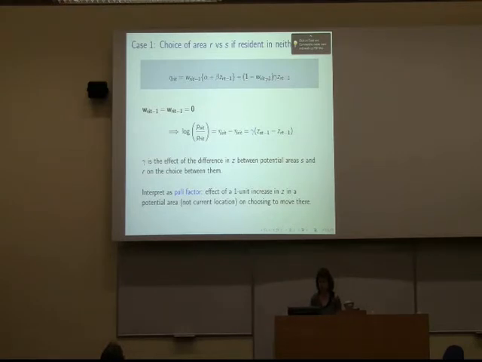So now if we look at the coefficient gamma of z, we can interpret that as the effect of the difference in z between two potential areas, S and R, where neither of those areas are the current residents. So we interpret that as a pull factor. To what extent does Z pull a person to area S rather than area R?